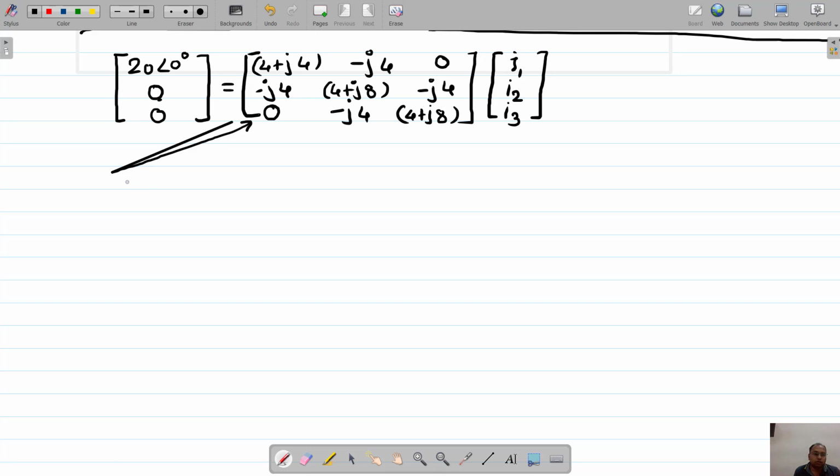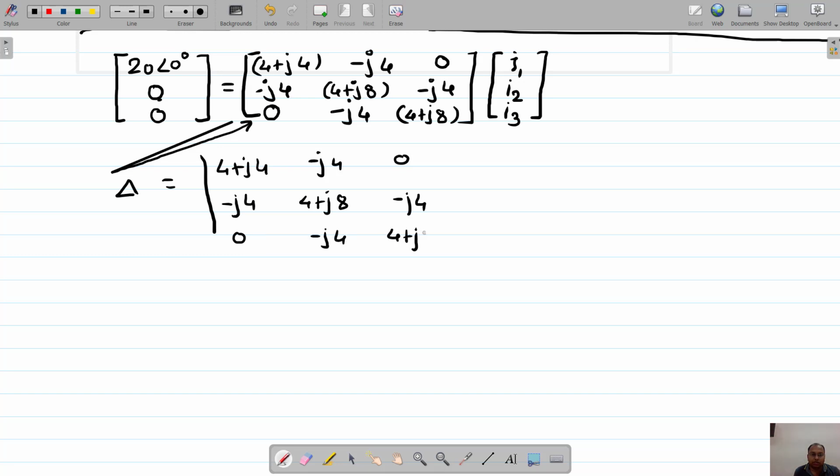So delta is nothing but the determinant of this matrix: 4 plus j4, minus j4, 0; then minus j4, 4 plus j8, minus j4; then 0, minus j4, 4 plus j8. Is it fine? Great. So let us find out the determinant of this one.